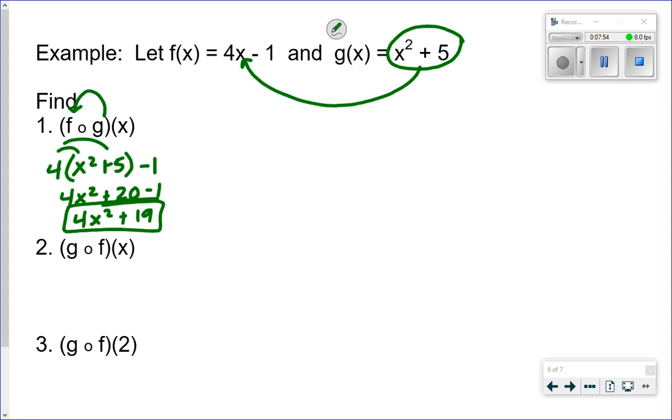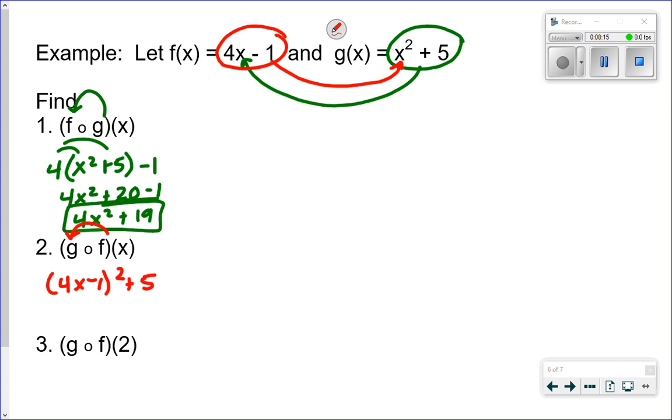Okay, number 2 says g of f of x. That means f is moving into g, so 4x minus 1 is replacing this x. I'm going to have 4x minus 1, squared, plus 5.